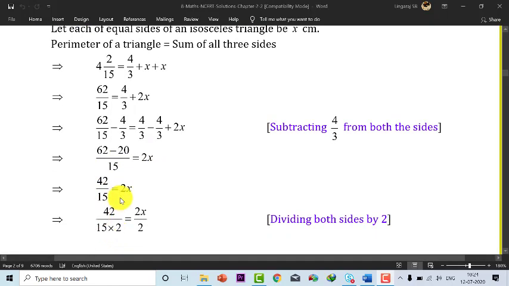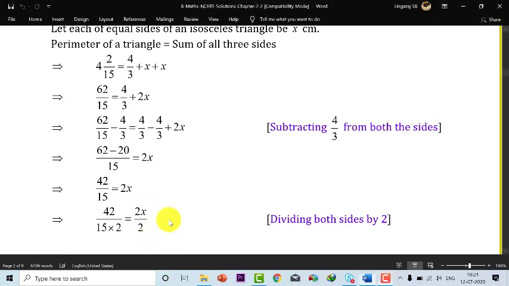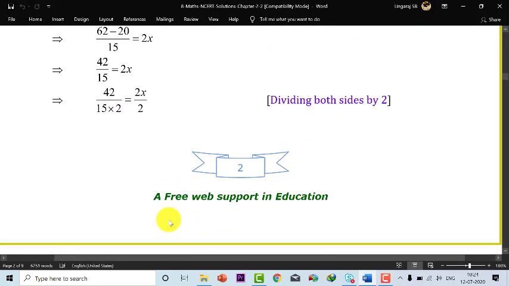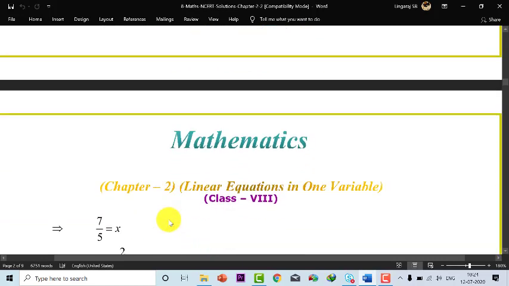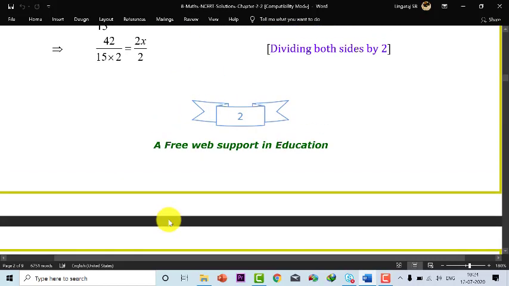In the next step we have to remove this 2, so divide both sides by 2. So 42 divided by 15 into 2 is equal to 2x by 2. Then 2 gets cancelled and x remains on the RHS. Here 2 ones are 2, 2 twos are 4, and 2 ones are 2, so 21 goes in the numerator, 21 by 15.